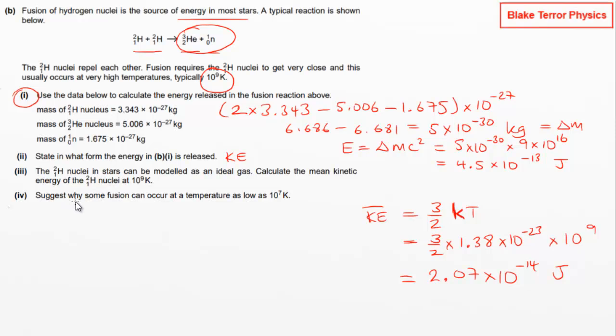Suggest why some fusion can occur at a temperature as low as 10 to the 7. Well, this is the average kinetic energy. So some of the particles, some deuterium nuclei, will have higher than average kinetic energy.